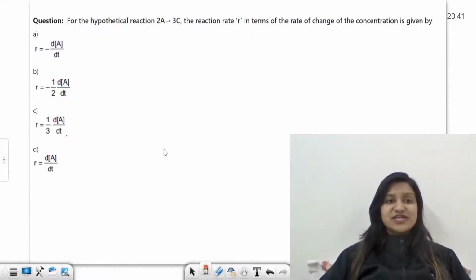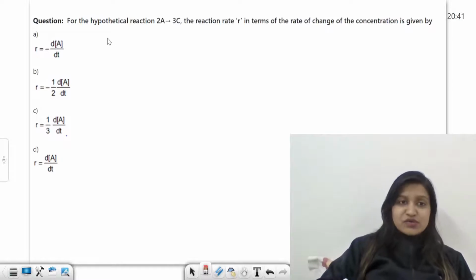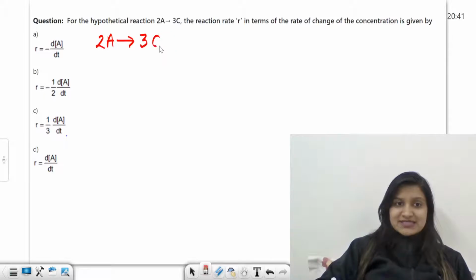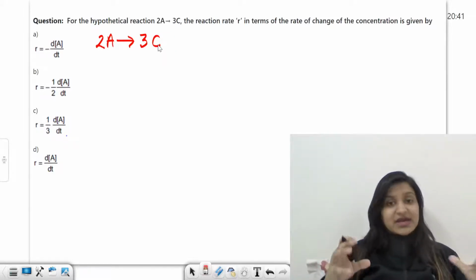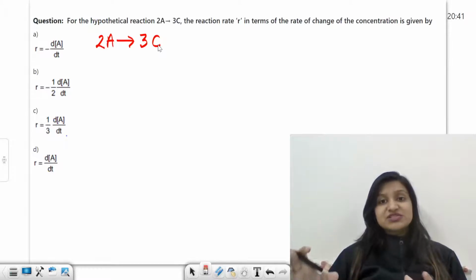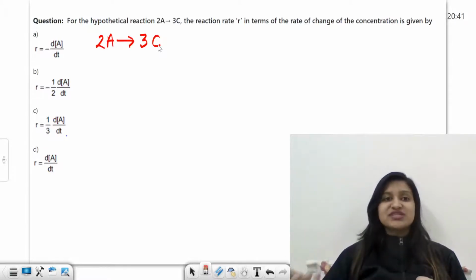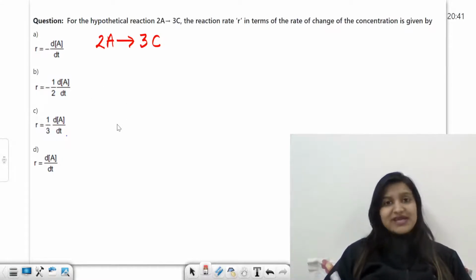For a hypothetical reaction, 2A gives us 3C. The reaction rate R in terms of the rate of change of concentration is given by. Now again, we have asked rate. So let's write the expression.